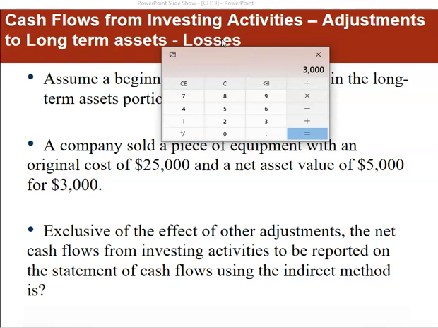So if we were to sell these two assets, we sold one for $3,000 with a net book value of zero, and then we sell the other one on this slide for $3,000, with a net book value of $5,000, that's $6,000, because they're both inflows.